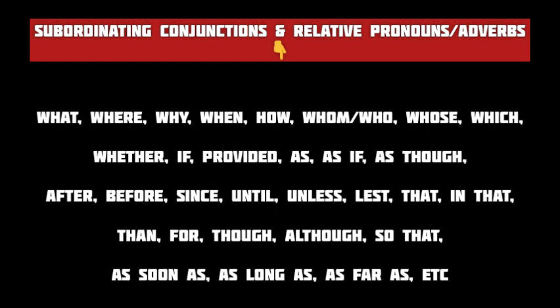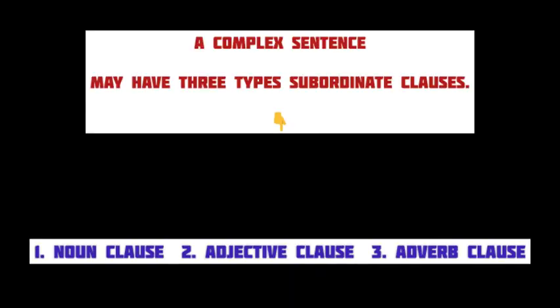So now it is super easy. If you find any of these words introducing or starting a clause in the sentence, it will be a subordinate clause, and if there is a subordinate clause, it will be a complex sentence for sure. So remember, these words are always used in complex sentences. In English grammar, subordinate clauses are of three types: noun clause, adjective clause, and adverb clause.